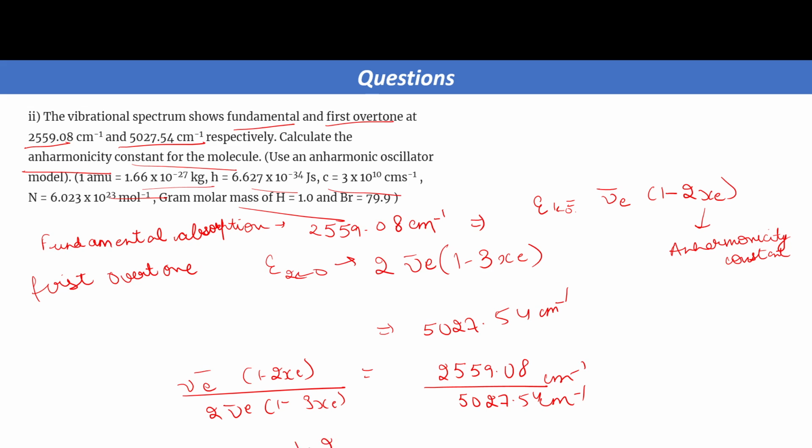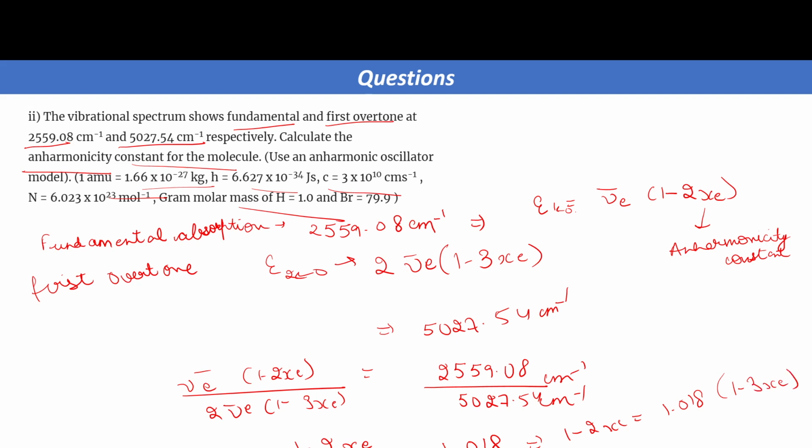So after solving it, (1 minus 2 Xe) divided by (1 minus 3 Xe) will be equal to 1.018. Now we have to calculate the Xe value. So 1 minus 2 Xe will be equal to 1.018 multiplied by (1 minus 3 Xe).